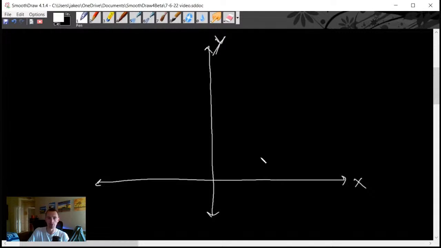So your x-axis is going to be your horizontal axis, your y is going to be your vertical axis. Then we just want to number this, just add a few labels here. So 2, 4, 6, same thing on the y-axis. And then same thing over this way.